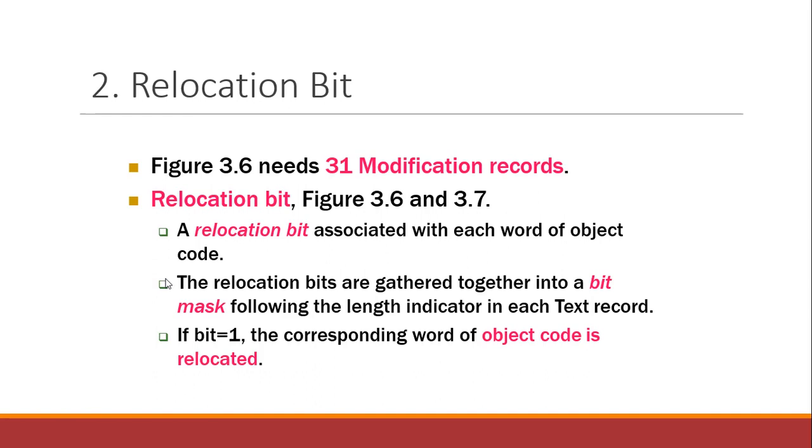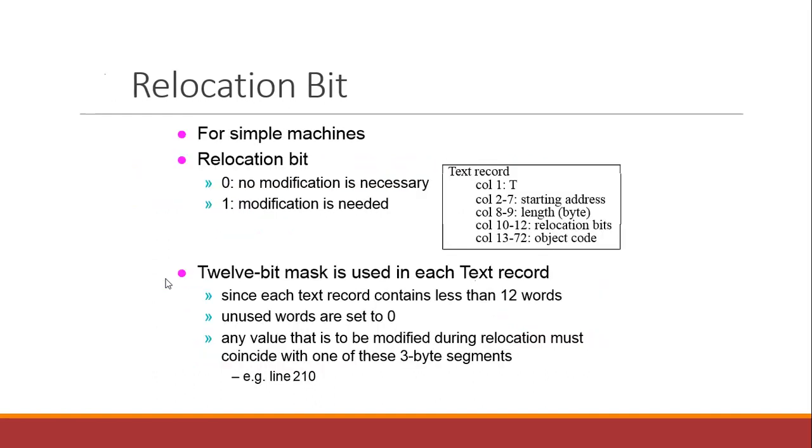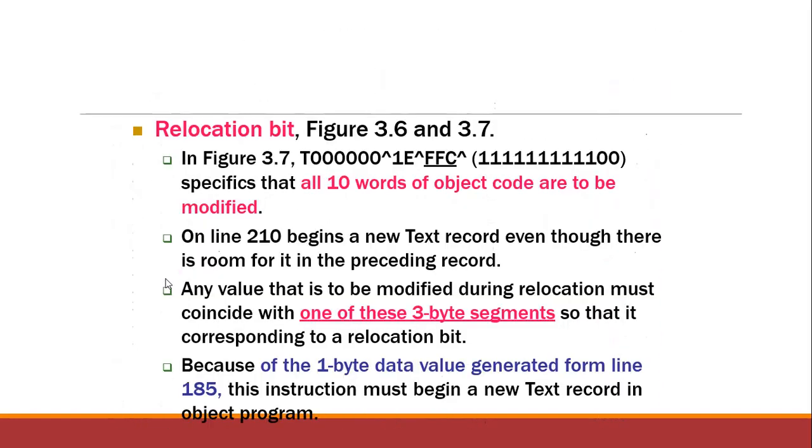This relocation bit will be written in a text record. First the text record is read, and by seeing the relocation bits it will come to know which words have to be modified and which words do not. So this is called bit masking. That's it.